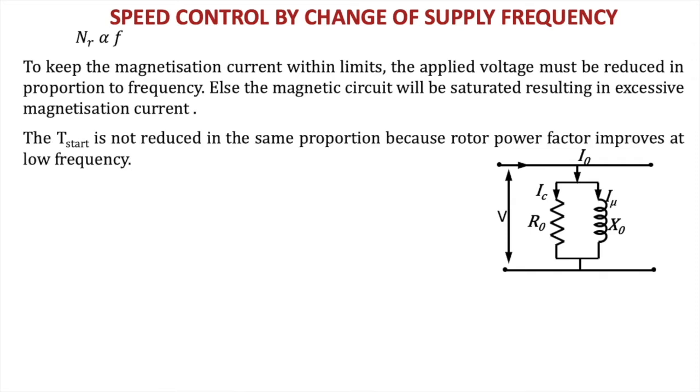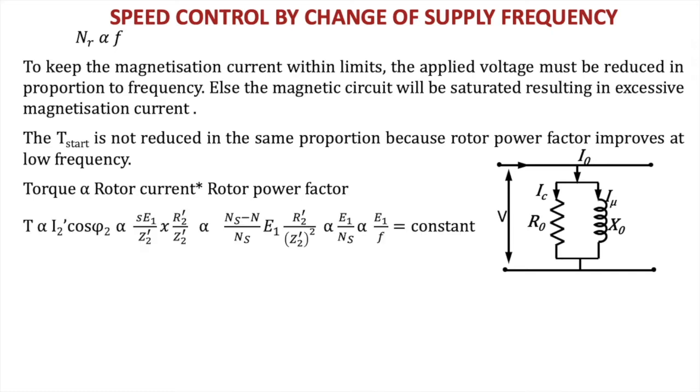The starting torque is not reduced in the same proportion because the rotor power factor is improved at the low frequency operation. Now how is it done? The torque is proportional to the rotor current and the rotor power factor. The rotor current is given by S E1 by Z2 dash, and the rotor power factor is R2 dash by Z2 dash.